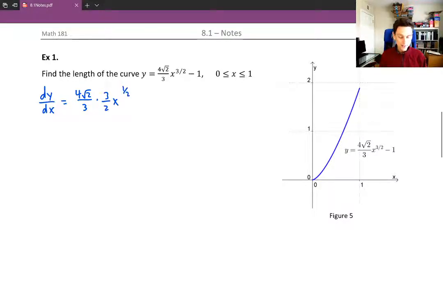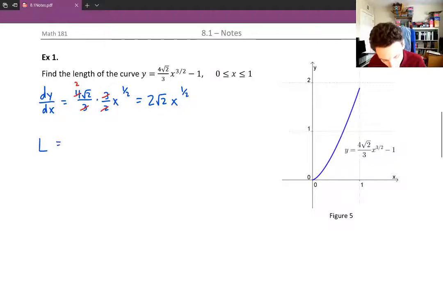The minus 1 disappears, and what we have left after all the dust settles is 2 root 2 times x to the half.